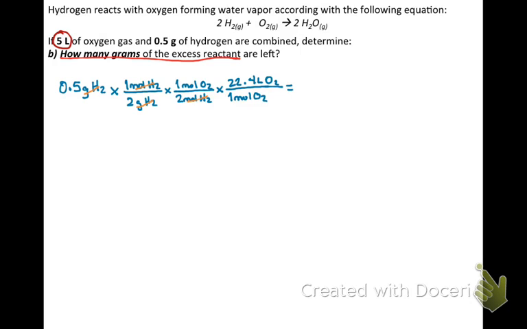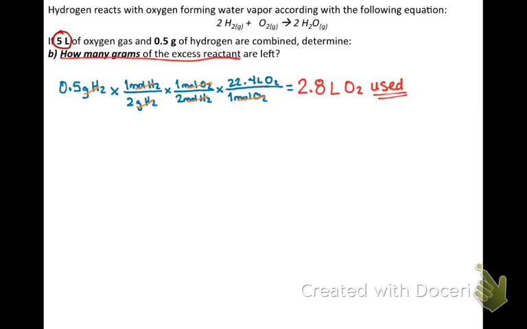It is the same that we did in the other problem: 0.5 divided by 2, and then multiplied by 22.4, and we have 2.8 liters of oxygen. These 2.8 liters of oxygen were used completely.